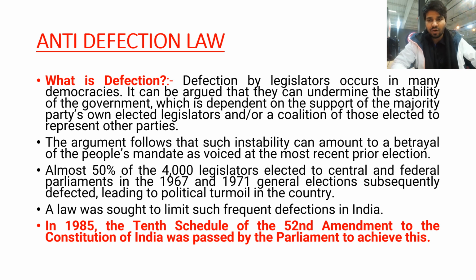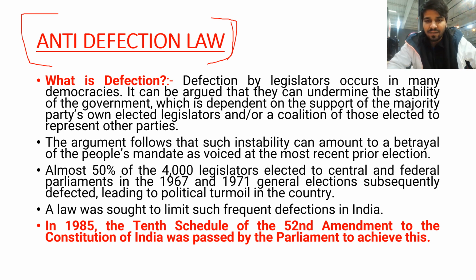Okay, so now we come to another important topic, very important topic, anti-defection law. This has been in news most of the time because of the defection of the members from one party to another. Let's understand what is defection.